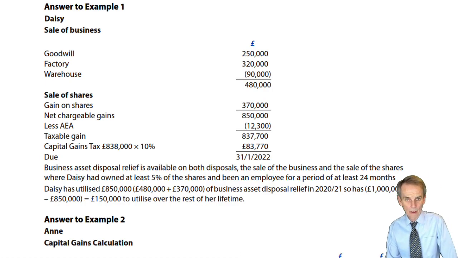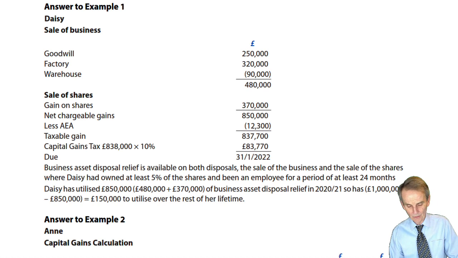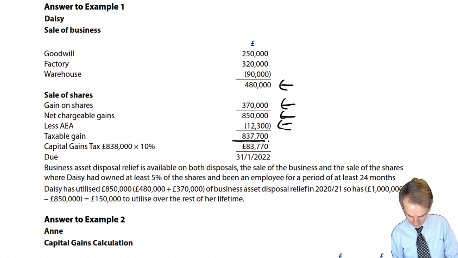Okay, well, hopefully no problems there. We put the three individual assets together, sold, when Daisy disposed of her unincorporated trade here together, to get net gains of £480,000. The sale of the shares gave rise to a gain of £370,000. Net chargeable gains £850,000, less AEA, bringing you down to a taxable gain of £837,700.